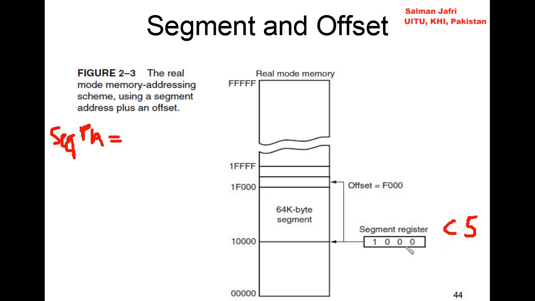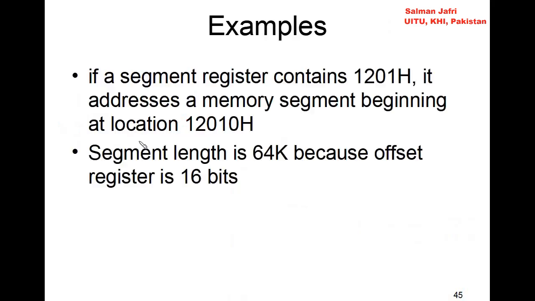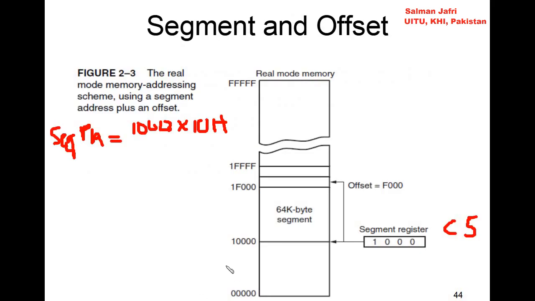It would be 1000 into 10H. Now when we are multiplying any hex value by 10H, the simple idea is to just add a 0. So it would be 10,000.